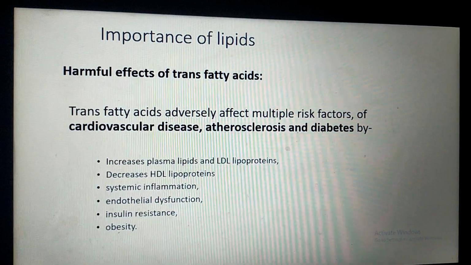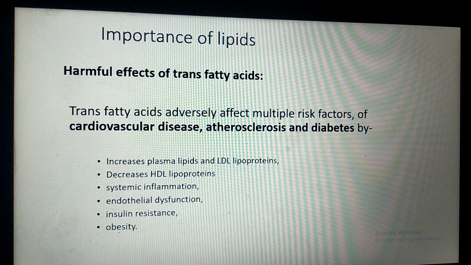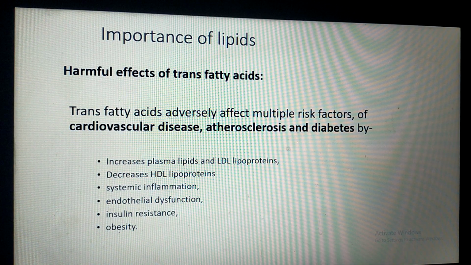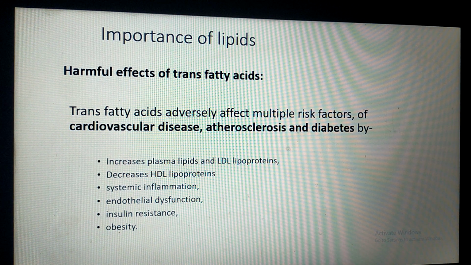Trans fatty acids have multiple risk factors for cardiovascular disease, atherosclerosis and diabetes. They do this by increasing the plasma lipid level and increasing the LDL lipoprotein, which is also called bad cholesterol. Trans fatty acids decrease the HDL lipoprotein, which is good cholesterol.